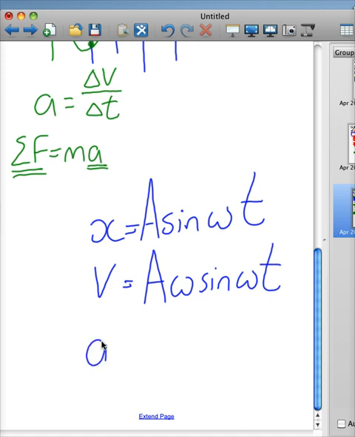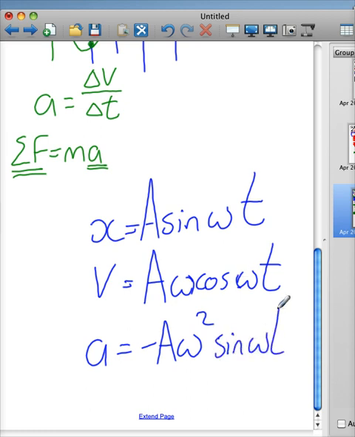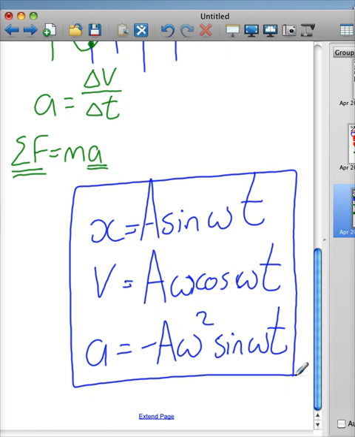I made a mistake, that's not a sine, it's a cosine. And acceleration is negative A omega squared sine omega t. And these are the three equations that come from graphing the motion of a simple harmonically moving object.